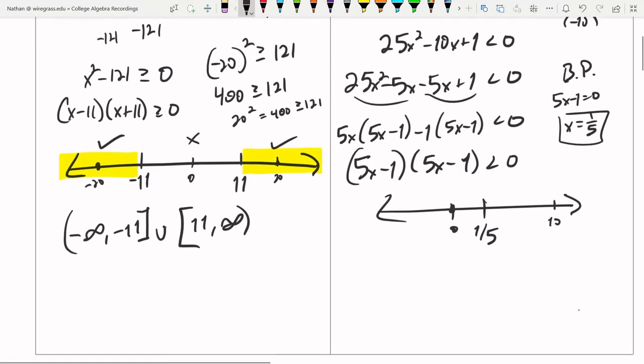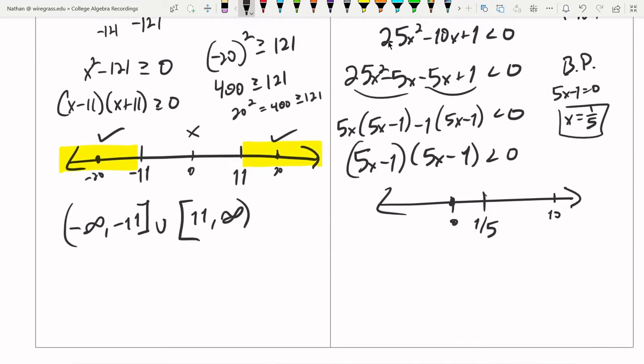Okay, plugging 0 in, I'm going to use this expression here to test. 0 squared is 0, 25 times 0 is 0, minus 10 times 0 is 0. We get 1 is less than 0, which is not true. So this is not true for an interval. Let's try 10. 25 times 10 squared minus 10 times 10 plus 1.